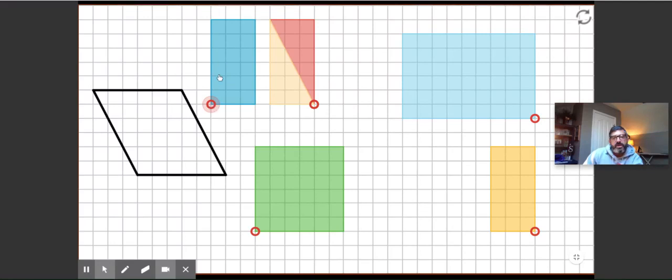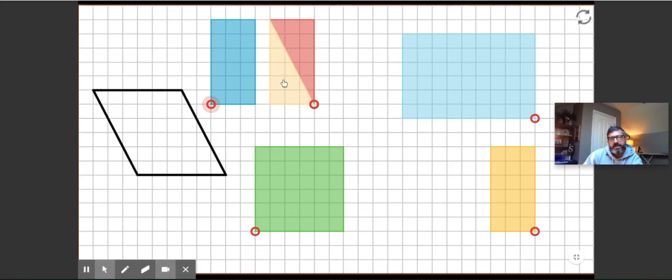18. So if the blue one has 18, how many do you think this one has? Watch. Is it the exact same size? Yes. So what's the area of this one? If this one's 18, what do you think this one is? Rectangle. That's right. So if the area of this rectangle is 18, what do you think the area of this rectangle is?